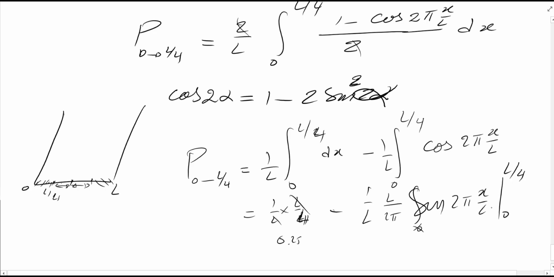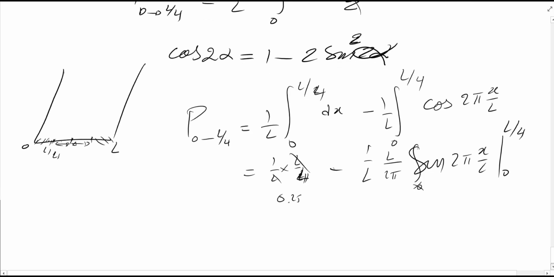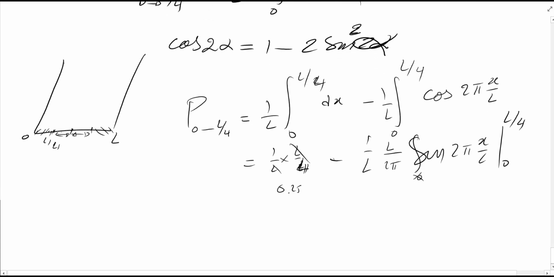The lower limit is 0, and the upper limit is L over 4 times 2 pi, so it's going to be pi over 2 after the L is cancelled. The L cancels the L, which is nice. We don't care about the size of the actual box. This is true no matter how big the width of the box is.